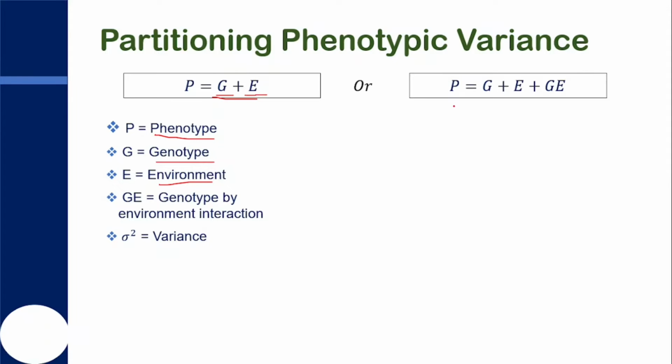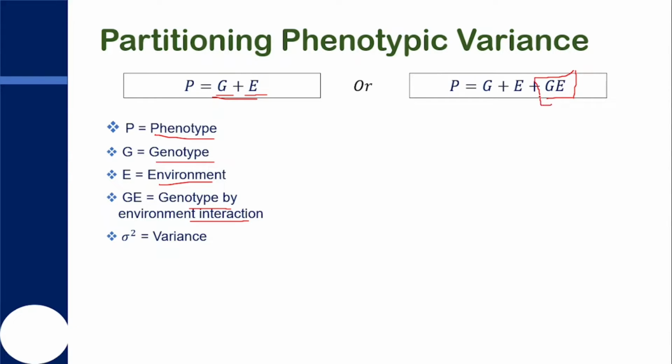Sometimes the phenotype of a quantitative trait can also be expressed as P equals G plus E plus GE, where GE is the genotype by environment interaction. As some genotypes can perform differently in different environments, there might be an interaction between the genotype and environment.